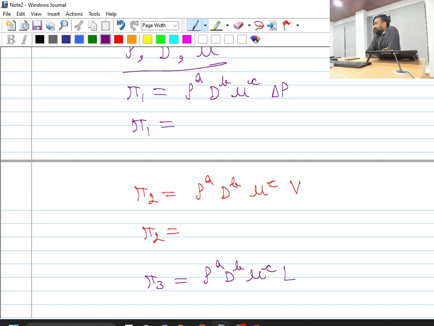We have been doing the similar thing in the last 2 lectures. Anyone calculated pi 1? Otherwise this lecture will continue till you are not calculating all pi 1, pi 2, pi 3.